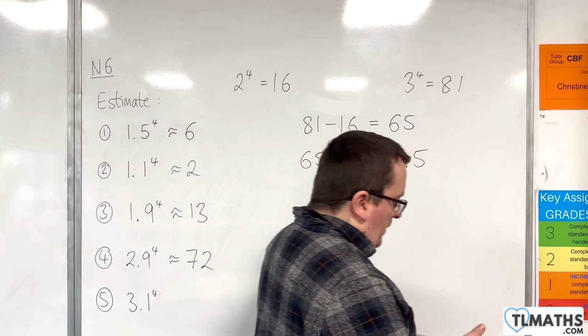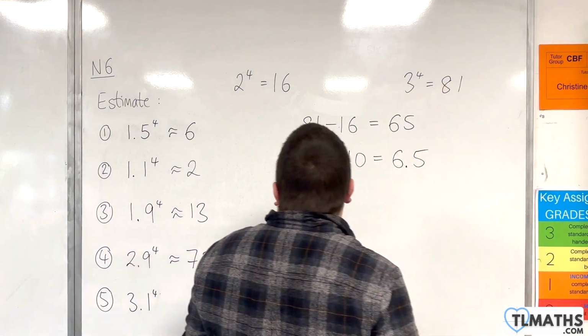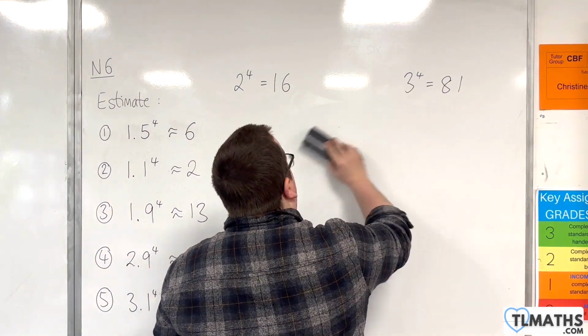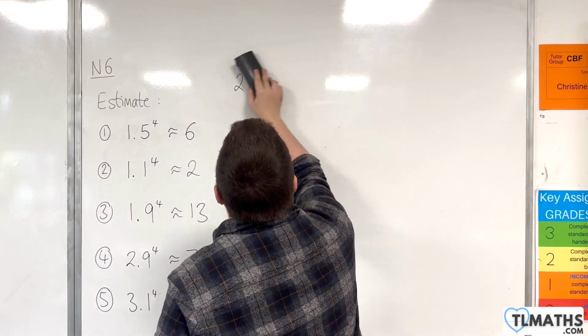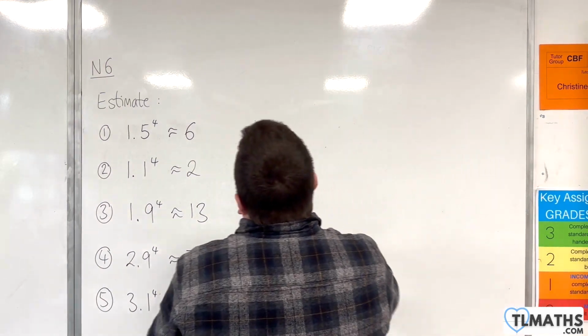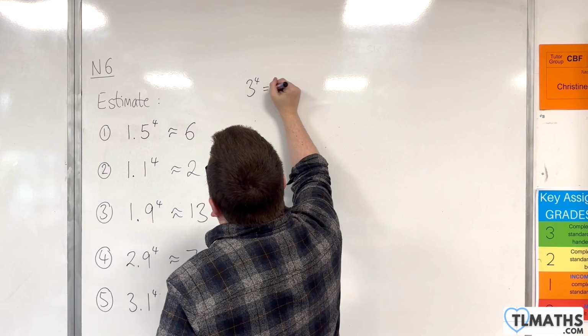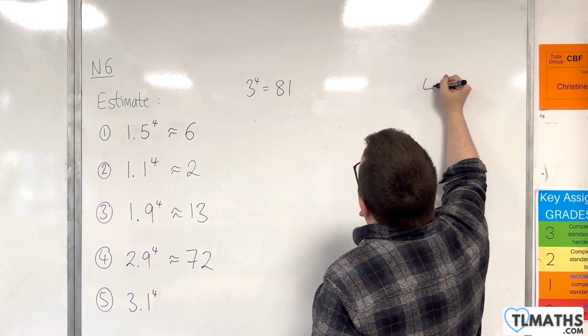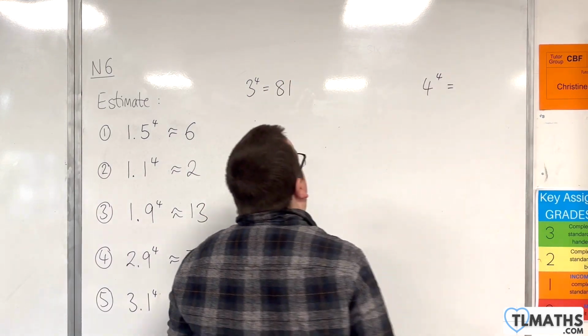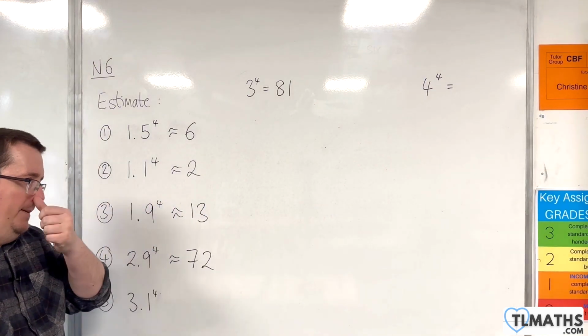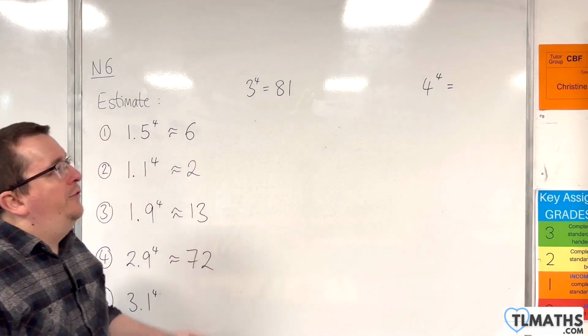Right. 3.1 to the 4. Now, that's going to be somewhere between 3 to the 4, which is 81, and 4 to the 4. Now, 4 to the 4 is not one I keep in my head. 4 cubed I know is 64.